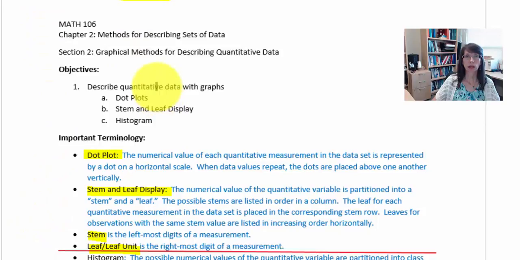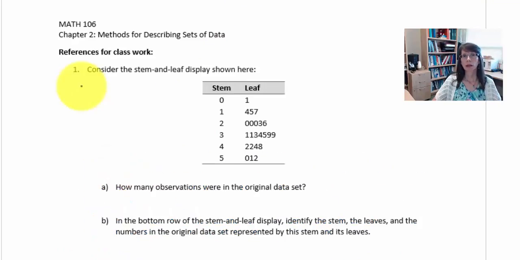So let's take a look at how we can use dot plots and stem and leaf displays in statistics. Our first example for classwork today, we're going to consider this table which lists stems from 0 to 5 and leaf values are given in the next column. We want to know how many observations were in the original data set.